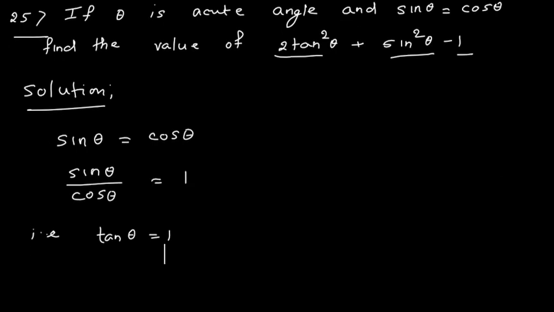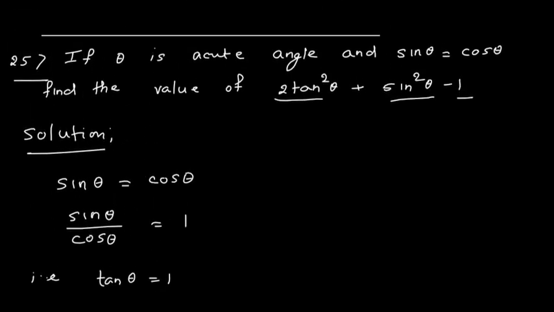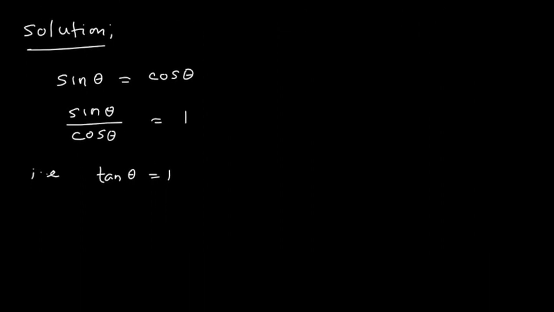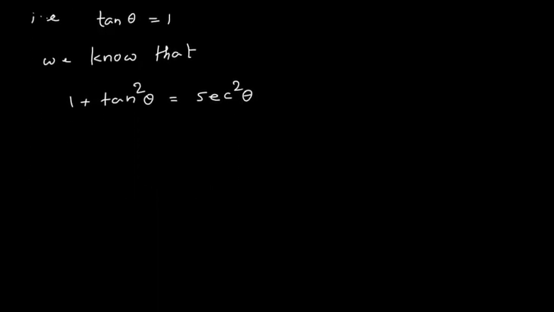Now we have to find the value of sin theta. Tan theta is 1. Now we know that 1 plus tan square theta is equal to sec square theta. Therefore 1 plus 1 square is equal to sec square. Therefore 1 plus 1 square is 2. 2 is sec square theta.